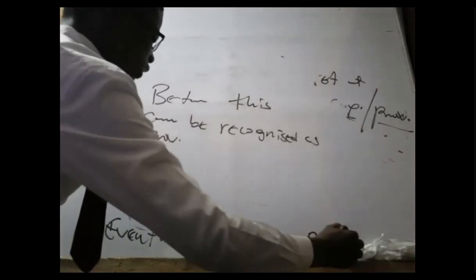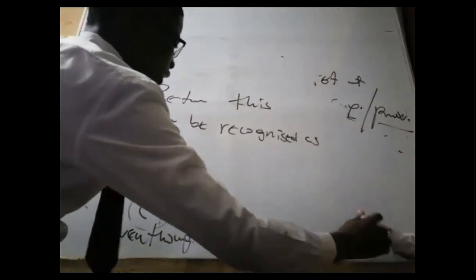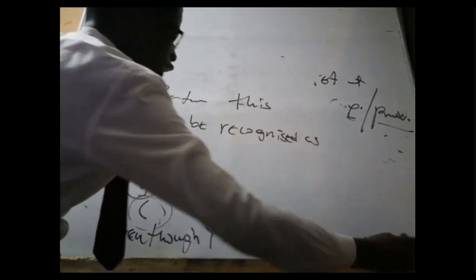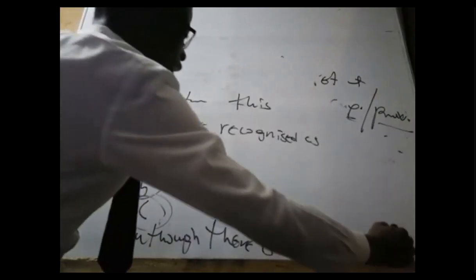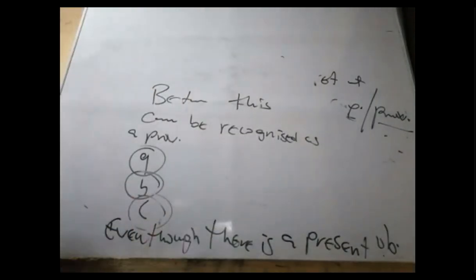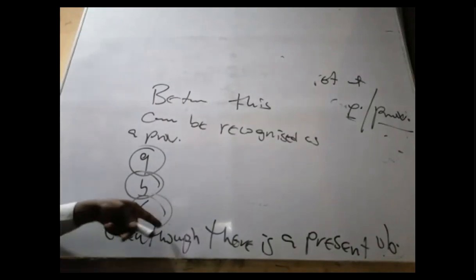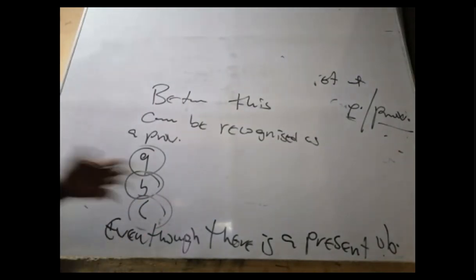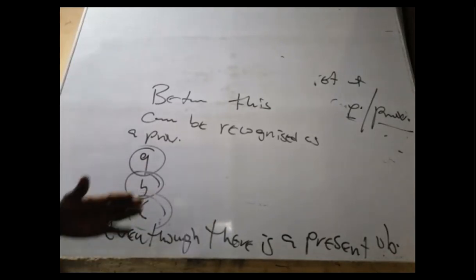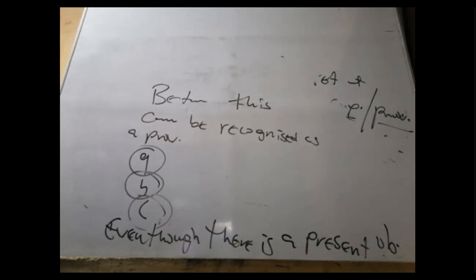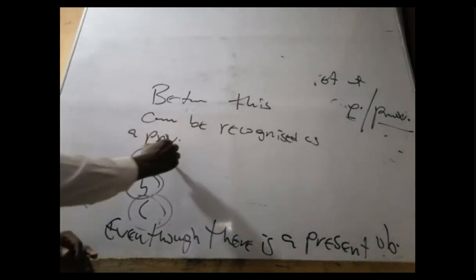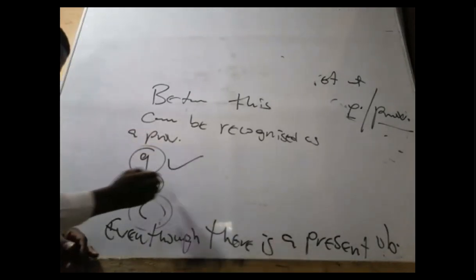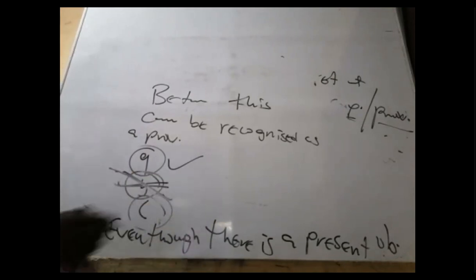Even though there's a present obligation, it is not probable that future economic benefit will flow, and hence no provision should be recognized. Here there's a present obligation, but it is not probable. The second condition is not there.